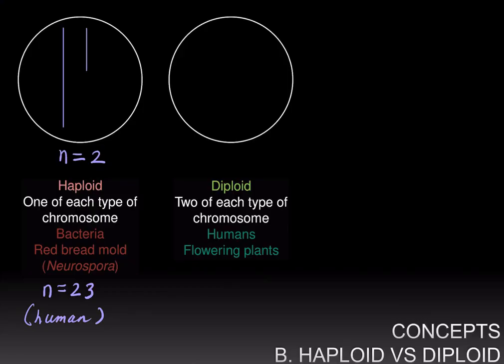But other life stages in sexually reproducing organisms, namely, for humans and flowering plants, it's the somatic cells, the cells of our body, that have not 1 but 2 of each type of chromosome.